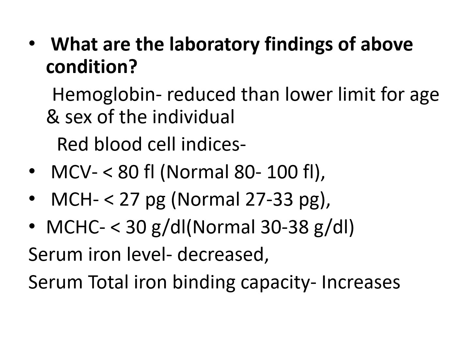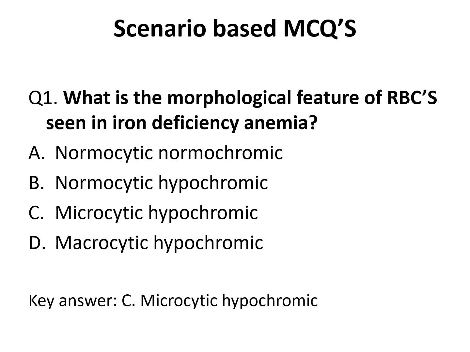Mean corpuscular hemoglobin, normal value is 27 to 33 picograms, will be reduced. Mean corpuscular hemoglobin concentration, normal value is 30 to 38 grams per deciliter, will be reduced. Serum iron level will be reduced, whereas serum total iron binding capacity will be increased.